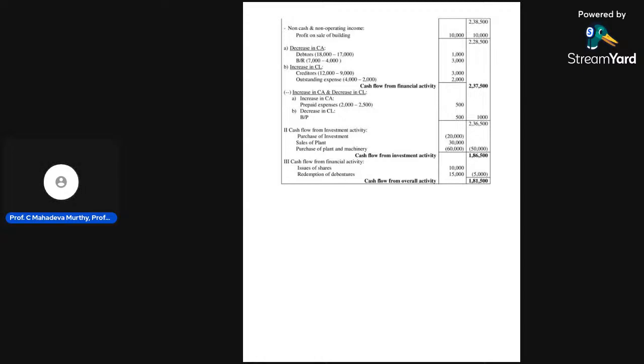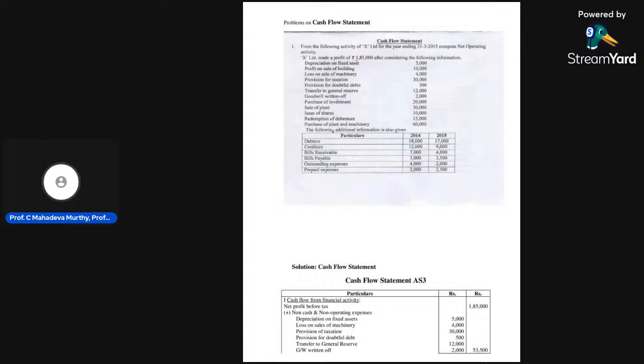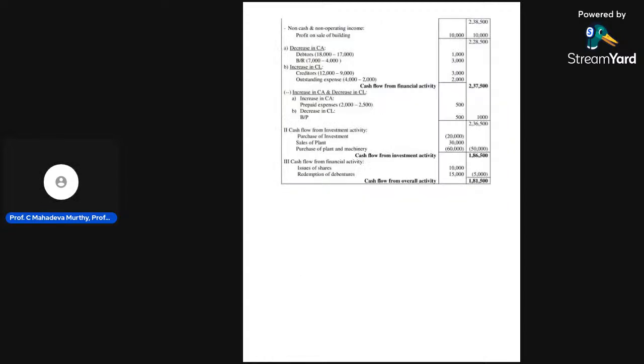But in this cash flow statement, under A, that is decrease in current assets. Debtors: see the two years' balances provided, 2014 and 2015. Debtors are current assets.